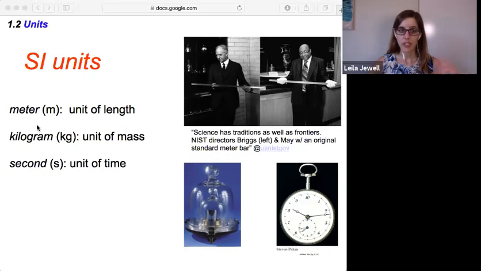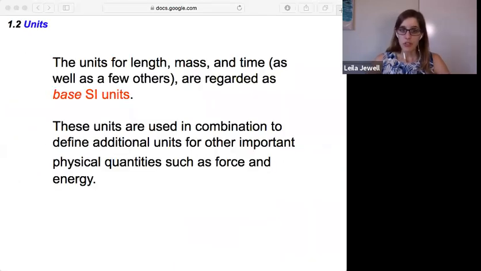So if you have something in centimeters, you're probably going to want to write it in terms of meters. The units for length, mass, and time, as well as a few others that we'll get to later on, are regarded as base SI units. We can use basically these three units, length, mass, time, in combination to define additional units for the rest of the semester.